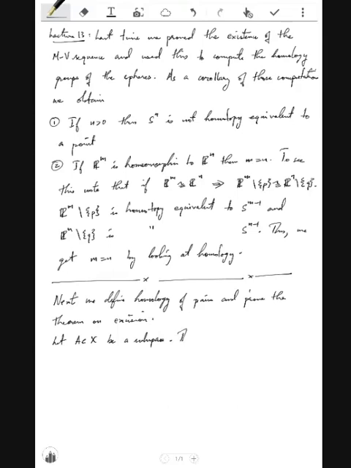Then we have the inclusion of complexes, and this gives a quotient complex, which we denote C.(X, A).